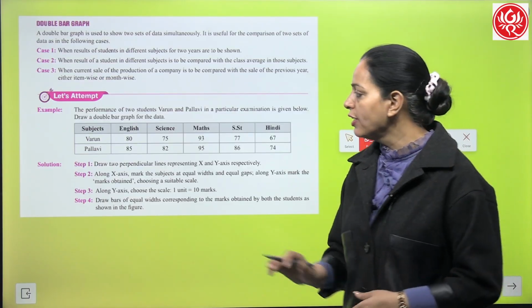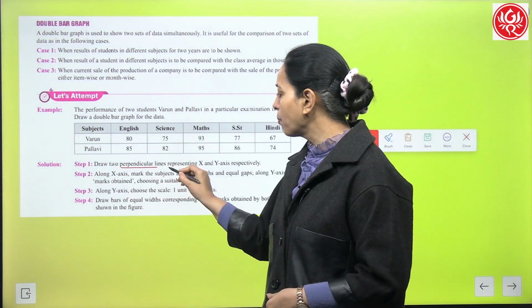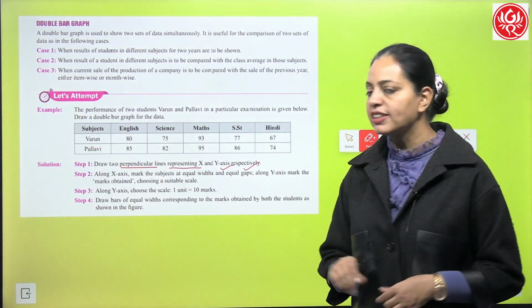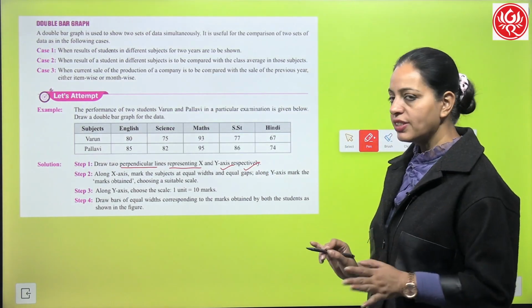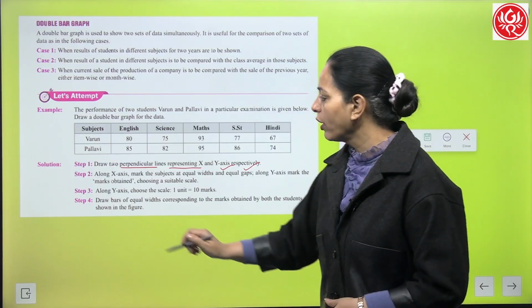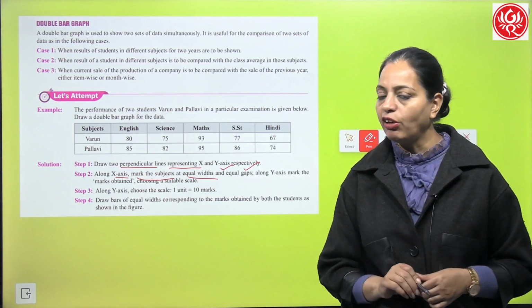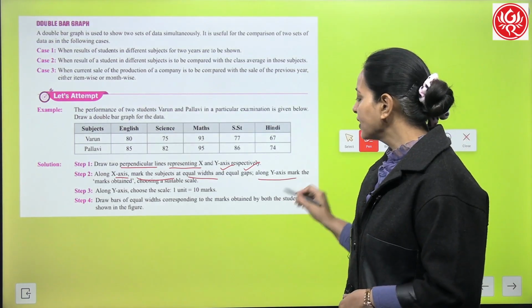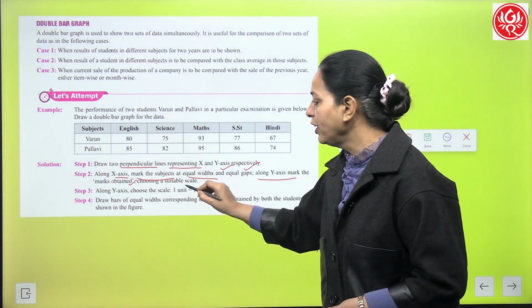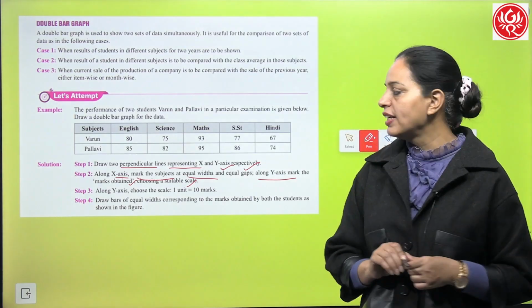So step 1, draw two perpendicular lines representing x and y axis separately. Now step 2, along x axis mark the subjects at equal widths and equal gaps. Along y axis mark the marks obtained, choosing a suitable scale.